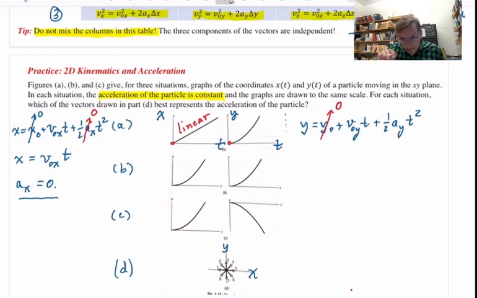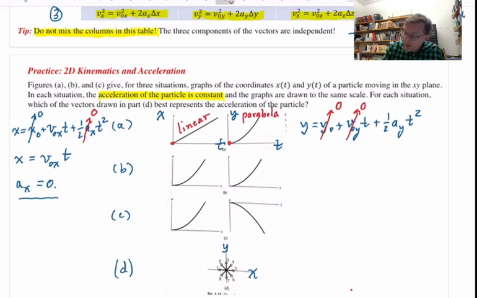It looks like it starts flat at the origin. And remember, the slope of the tangent line would be velocity. But this is y versus t, so the slope of the tangent would be y velocity. So it looks to me like the y initial velocity is 0. And then it curves upward. In fact, it is a parabola opening upward. So the coefficient of the quadratic term must be positive.